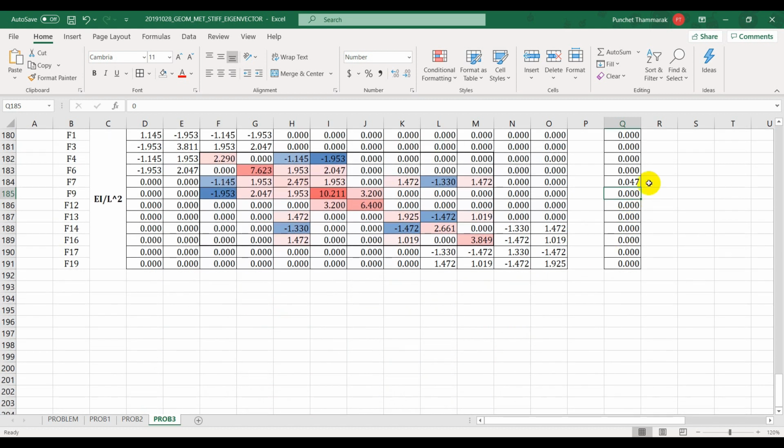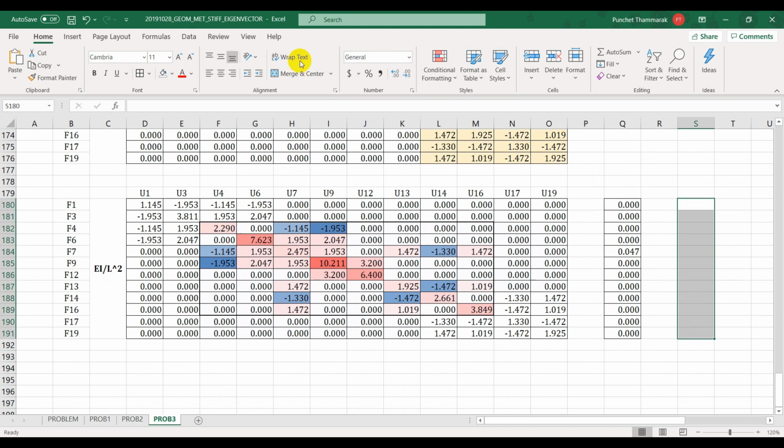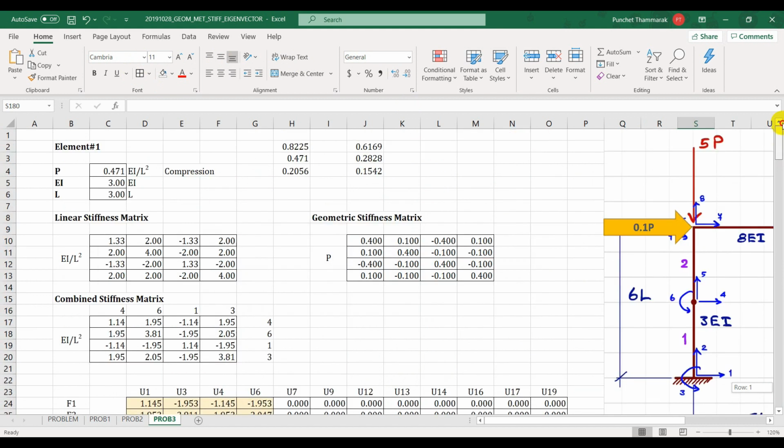So if we want to come up with the solution to this problem, maybe first of all I need to reduce the load, because over 0.471 it is the buckling, and basically we will get some ugly solution. So if I can predetermine that the buckling load is about 0.47, then I make the load increment to be somewhere around 10%.